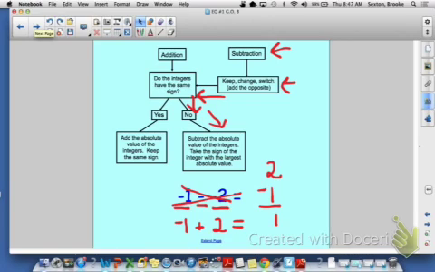If I subtract the absolute value, I get +1. And I have to take the sign of the integer with the largest absolute value. So remember how we have to go back to the original problem? Well, this is now the original problem. The old one we got rid of. I'm going to take the sign of the integer with the largest absolute value, which was 2. And that was positive. My answer is positive +1.